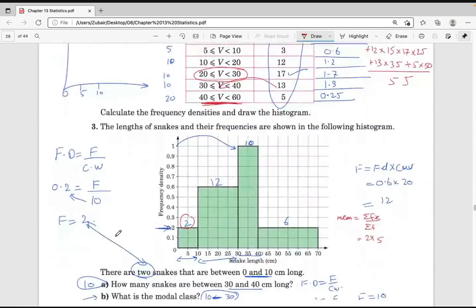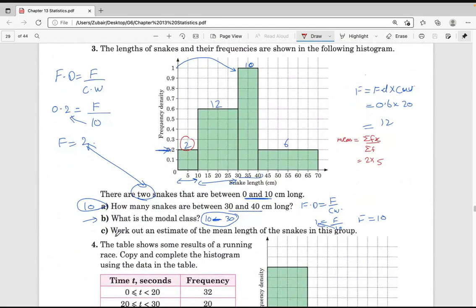Okay, question number 3. We were doing C part. Work out the estimate of the mean. So we know mean is frequency into x plus frequency into x. First frequency is 2, and this was from 0 to 10, and we use the middle number.